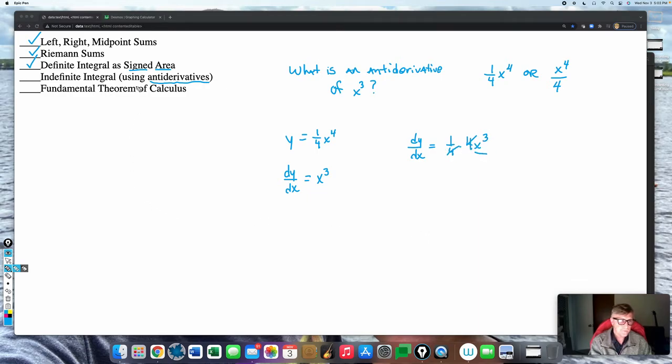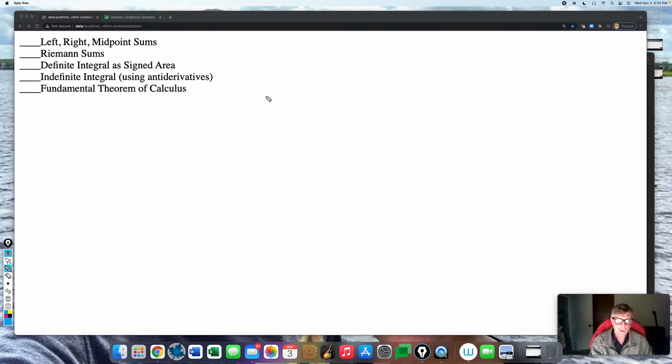So what I'm going to show you right now is what's called the power rule for an antiderivative. And by the way, we'll talk about the fact that you could have gotten a different answer, like 1/4 x to the fourth plus 17 would have worked, right?